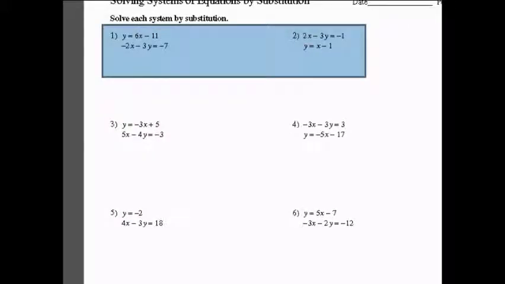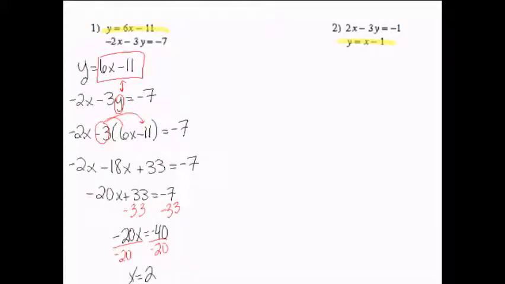If I come back up here, I know that y is 6x minus 11. That's the value of y. So I'm going to take that y is equal to 6x minus 11, and I'm going to replace x with what x is worth.